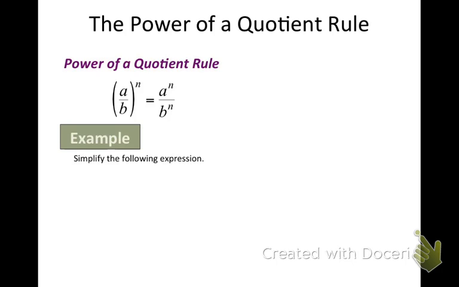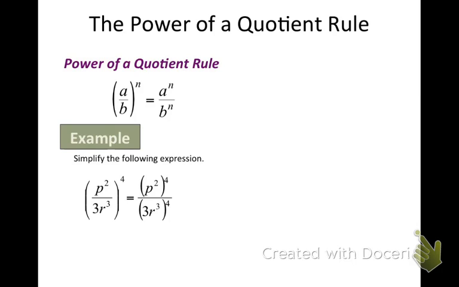And if it is the power of a quotient rule, again, if it has the power of a product, notice in the denominator we have 3r cubed. That all has to be raised to the 4th power. So the 3 has to be raised to the 4th power, r cubed to the 4th power, and so on. So we would multiply the exponents for p, 2 times 4.